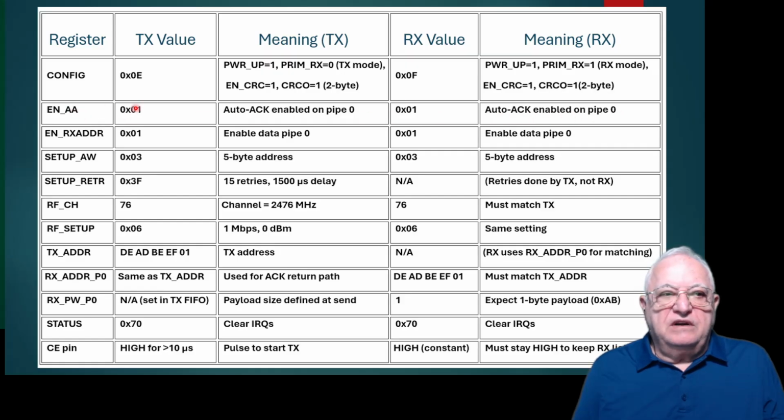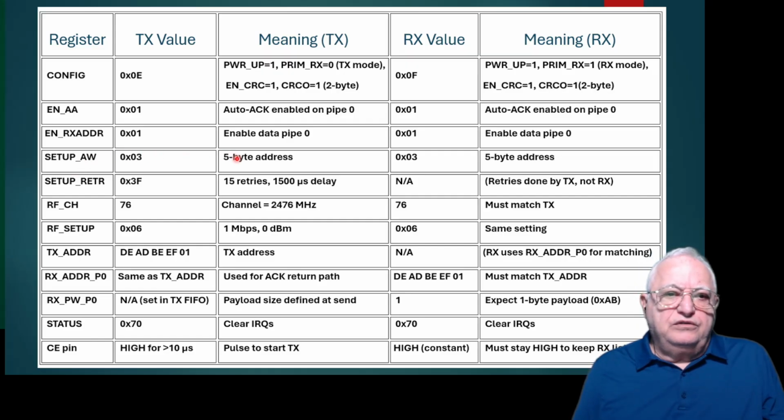That's similar in both the receiving and transmitter. Here it talks about the acknowledgement on pipe 0, and we are enabling pipe 0. So we enable pipe 0, and we say, hey, also on pipe 0, we are going to acknowledge to that pipe.